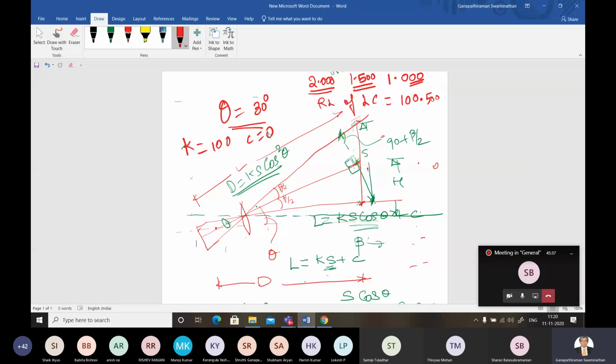So what is S here? What is S here? 1, sir. So 1 into 100 into cos square 30. How much is that?